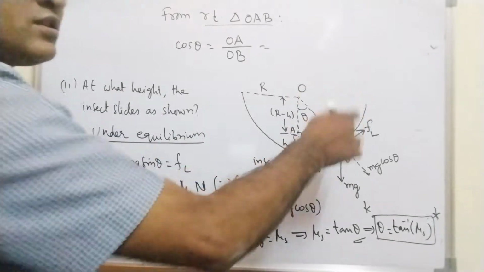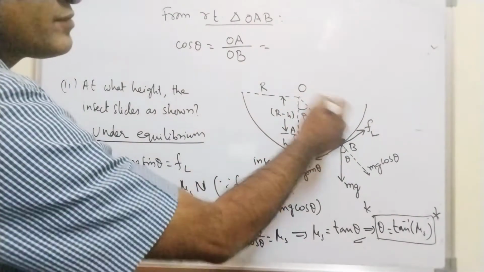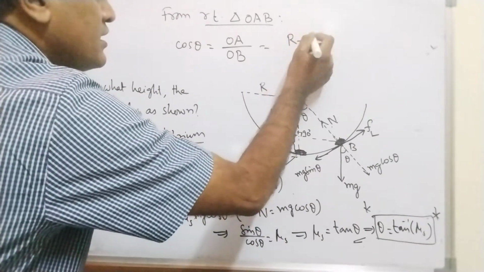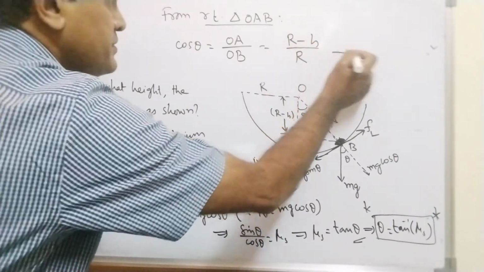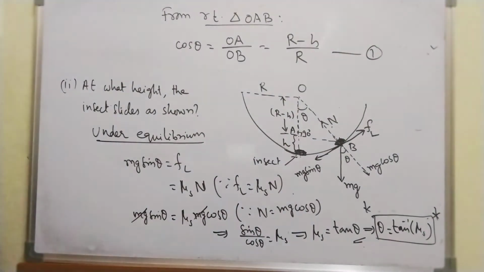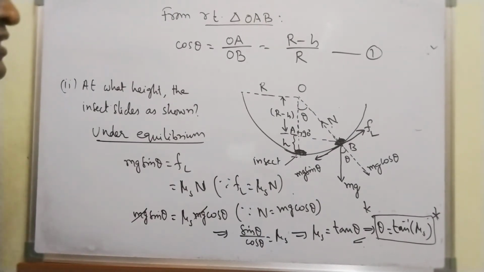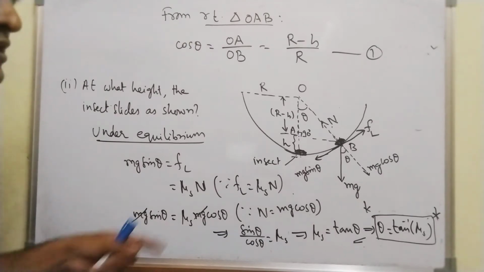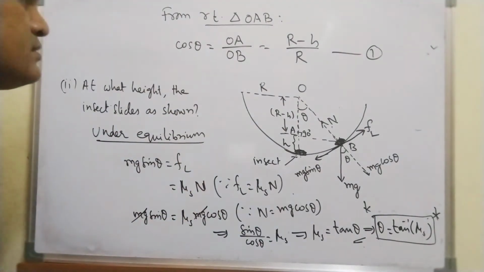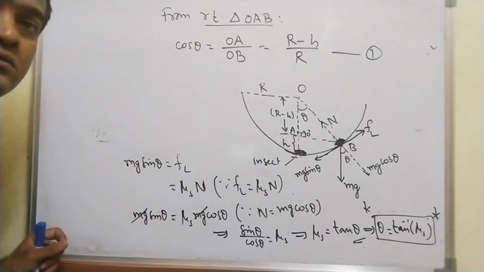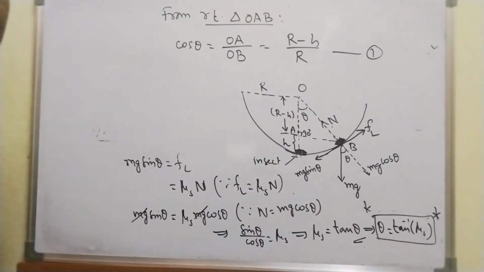Wherever you draw, all these lines from the center become radius. So this I can write as R minus H upon R. Let me take this as equation 1. My interest is to find out the value of H. So cos theta is equal to R minus H upon R. Fine? R minus H upon R. Note it down.